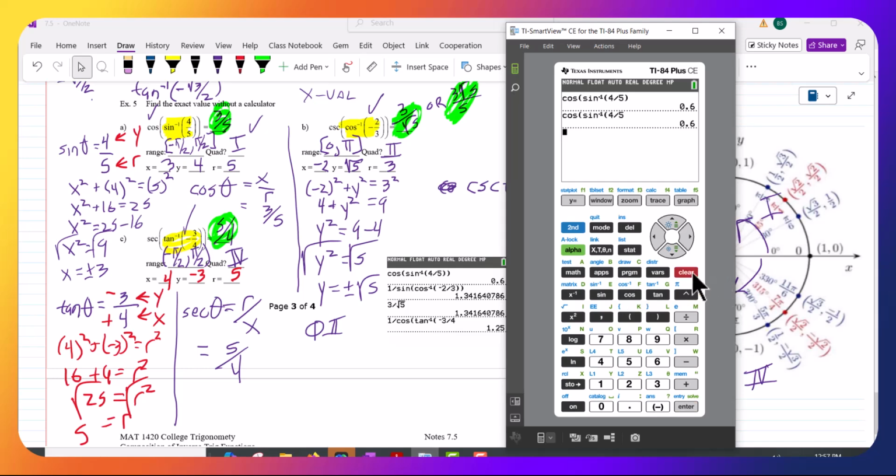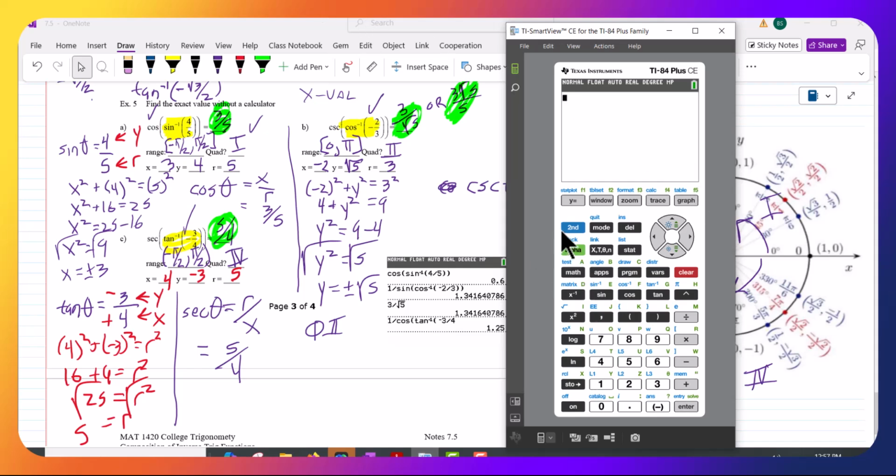When you do the next problem, it's a cosecant, and you don't have a cosecant button. So what you do is go 1 over sine, because cosecant is 1 over sine. Then you put in inverse cosine of negative 2/3. Whoa, I did something wrong on that. Oh, hold on, I did do that.